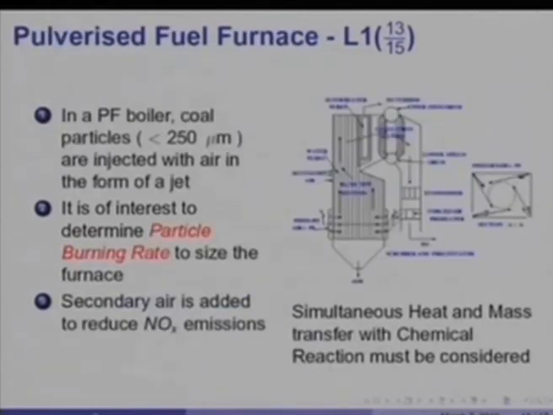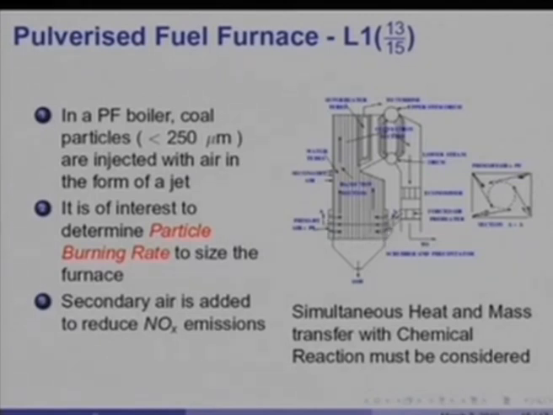I now take another example from the thermal power plant, that of a pulverized fuel furnace. In pulverized fuel furnaces of the type shown, or the boilers as shown, coal particles typically less than 250 microns are injected along with air in the form of jets from the burners, which are located somewhere near the bottom of the furnace.